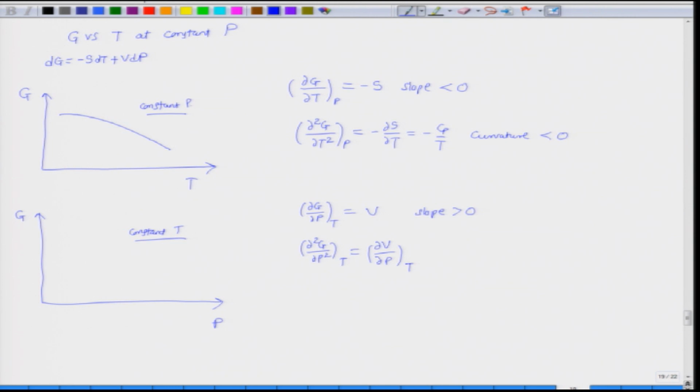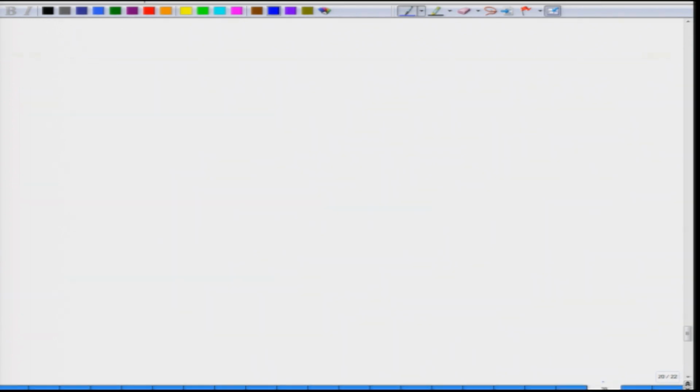Negative, right. So, at constant temperature, if you increase the pressure, the volume will decrease. So, dou V by dou P is negative, and so the curvature is less than 0. So, if you try to plot G versus P at constant T, schematically it will have a shape something like this.